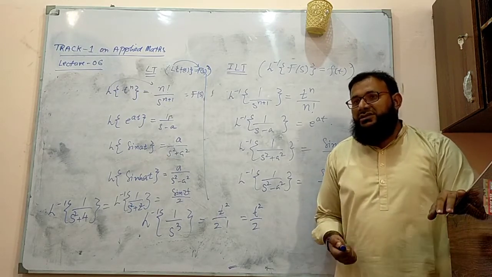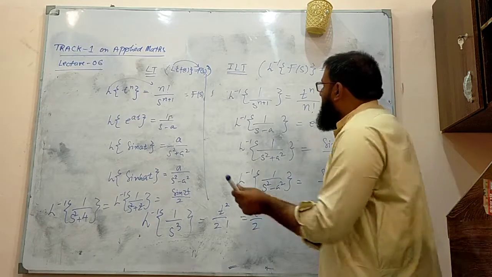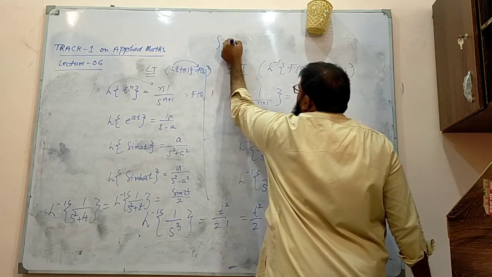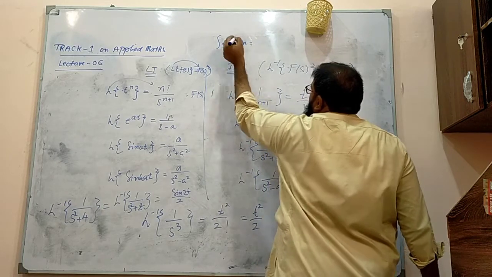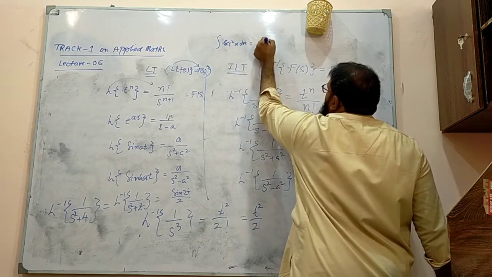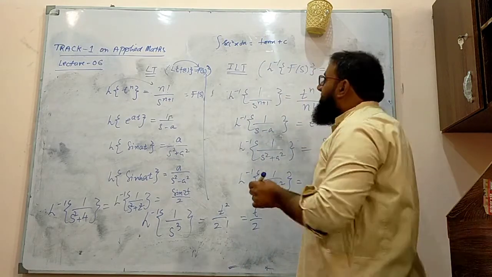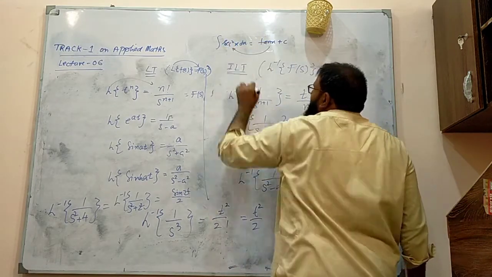Like if I ask you what is the integral of, let's say, sec square x dx, what's going to be the answer? It's going to be, I think, tan x. Why? Because the derivative of tan is this.